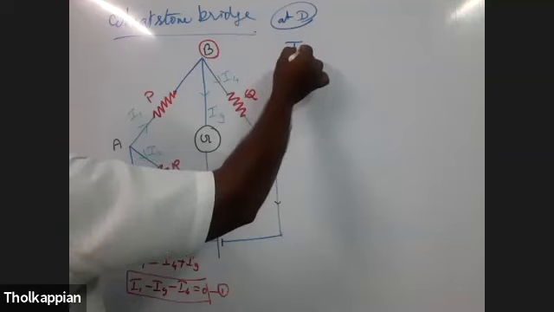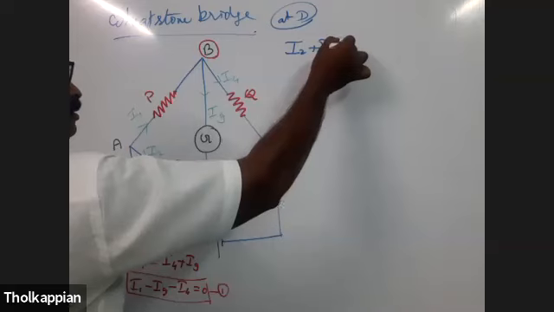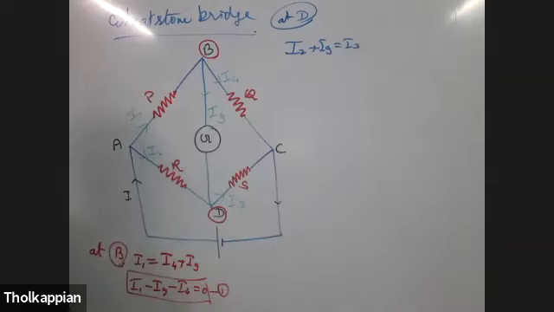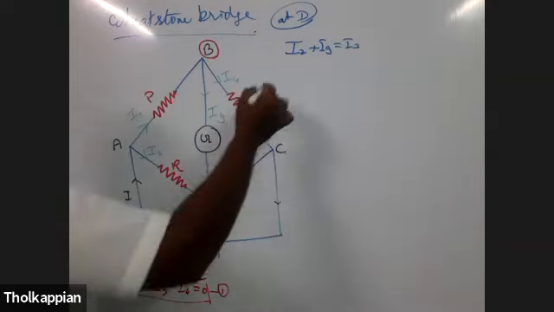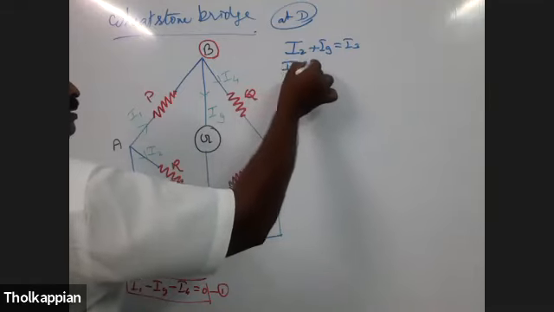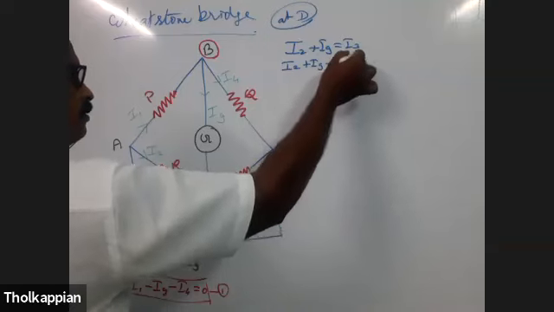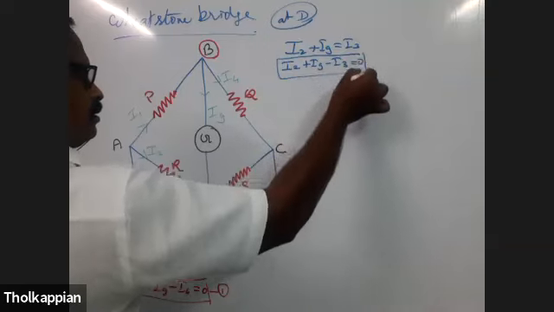So I2 plus IG is equal to I3. We can also write I2 plus IG minus I3 is equal to 0. Consider this as equation 2.